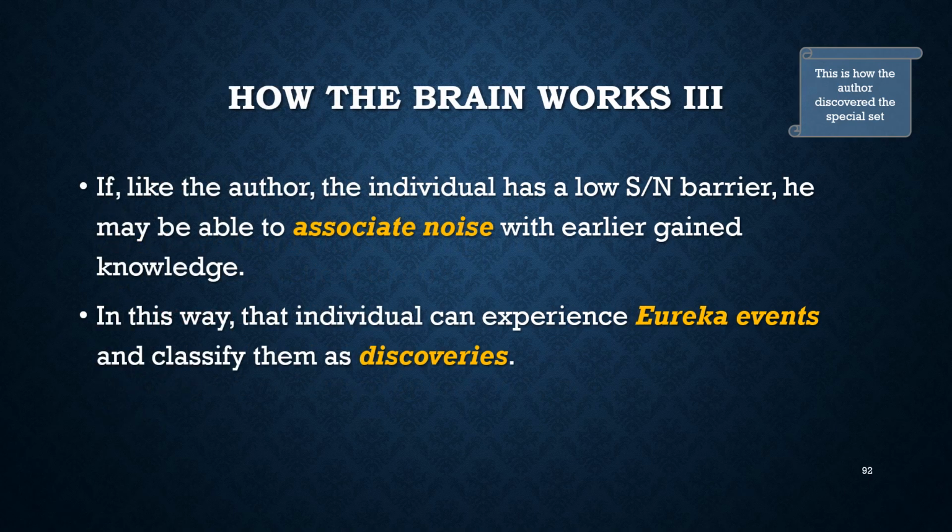If, like the author, the individual has a low signal-to-noise barrier, he may be able to associate noise with earlier gained knowledge. In this way, that individual can experience eureka events and classify them as discoveries. This is how the author discovered the special set.